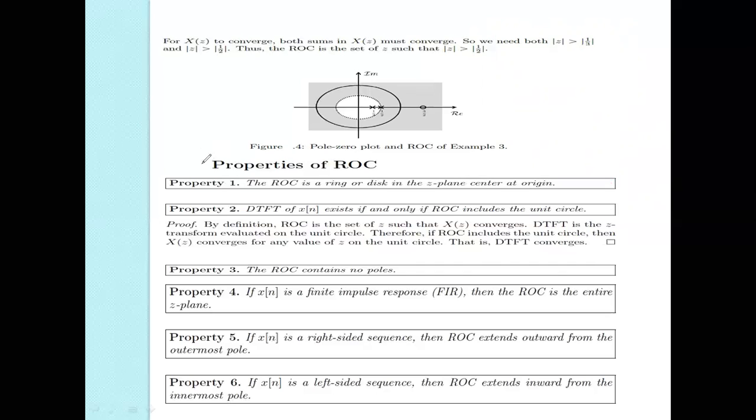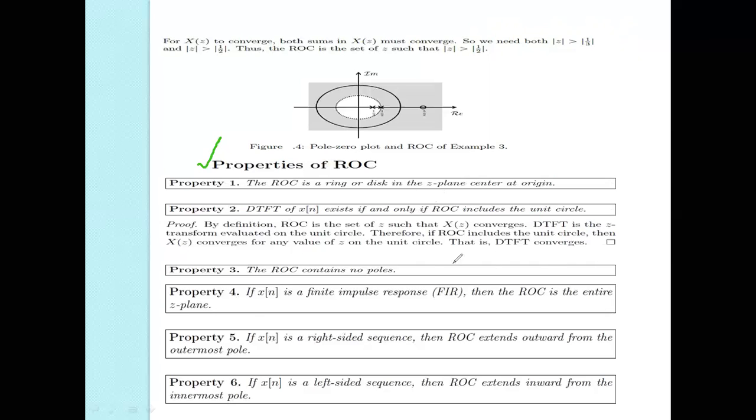Now, the properties of ROC. The properties of the Z transformation are also there. Now the properties of ROC, remember and listen carefully, my dear students, because in part A and part B you have to write some questions.